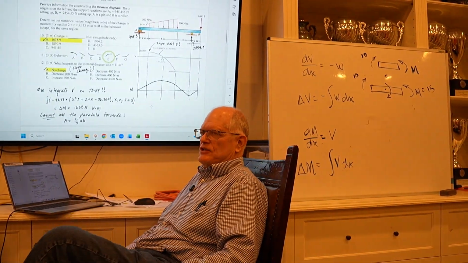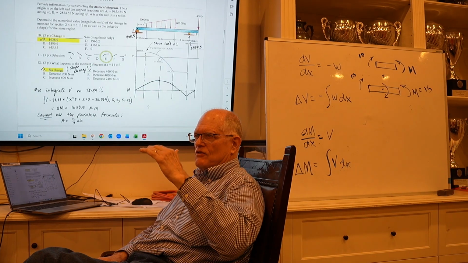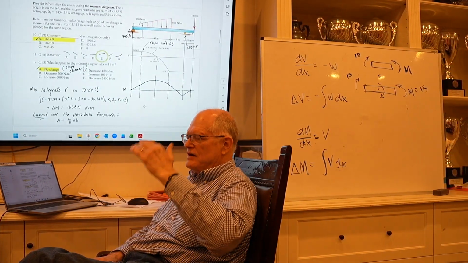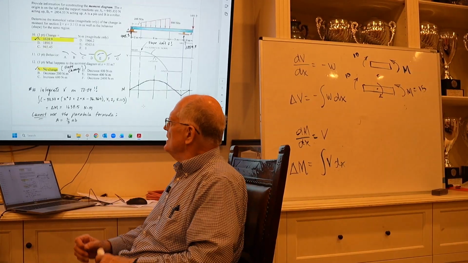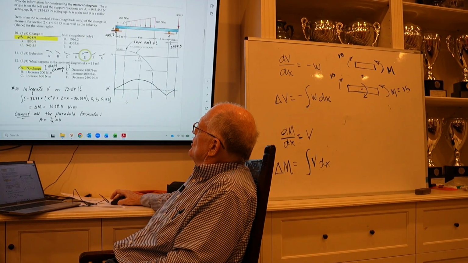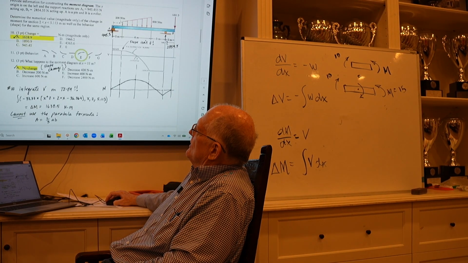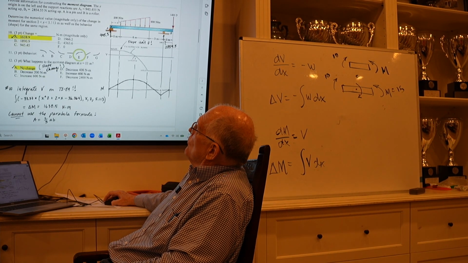The reason they do that is if you get messed up on the first, you're really going to get messed up on the second, so they're two typically different problems. They'll ask you, does this jump here? What's the change over this interval? We'll get back to this in a moment, but that's how it works.